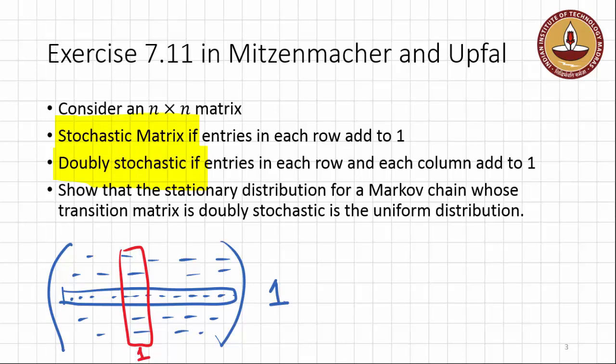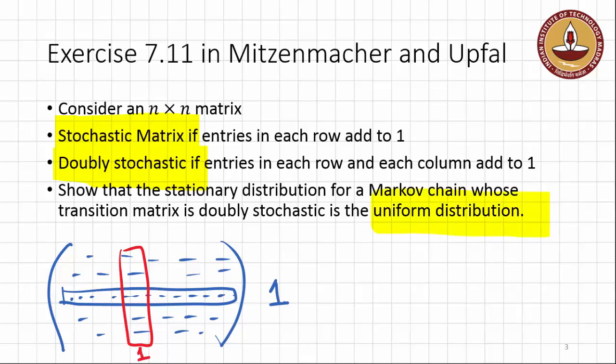And you may recall from our lessons on Markov chains and random walks that matrices are used to represent transitions in a Markov chain, right? So let's consider a Markov chain where a doubly stochastic matrix is the transition matrix. The claim is that such a Markov chain is going to have a uniform distribution.